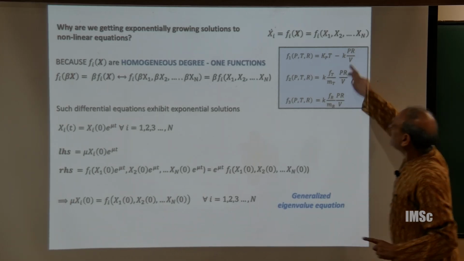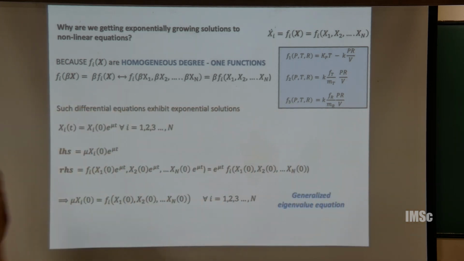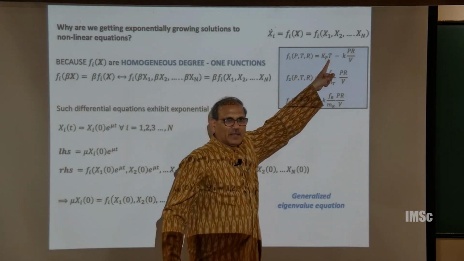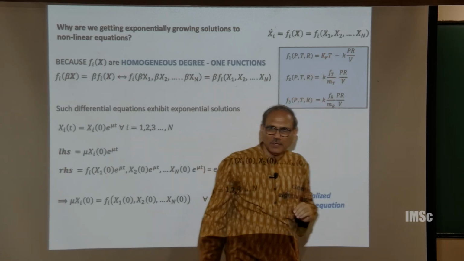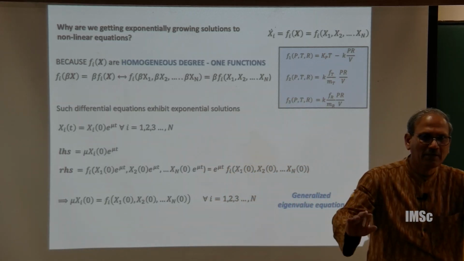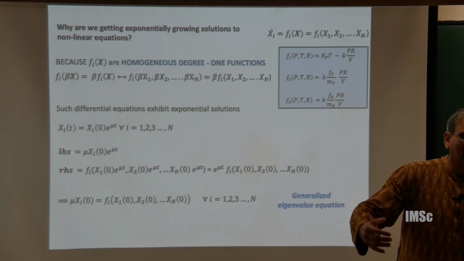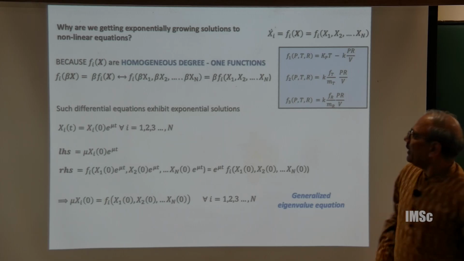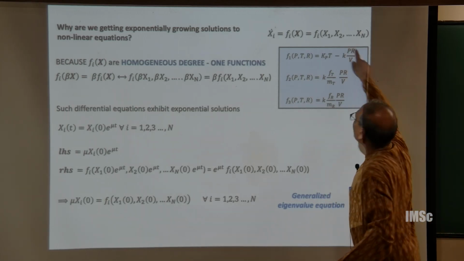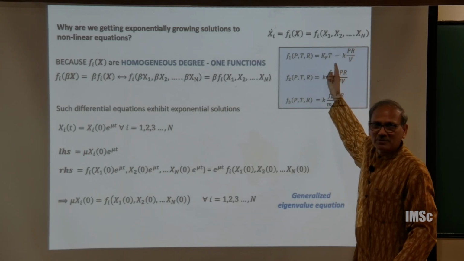Let's see that for this one. If I take just the term kpt, that certainly satisfies this property: if I multiply all the variables by beta, that term gets multiplied by beta because it's linear in t. But the other is a quadratic term in my variables.